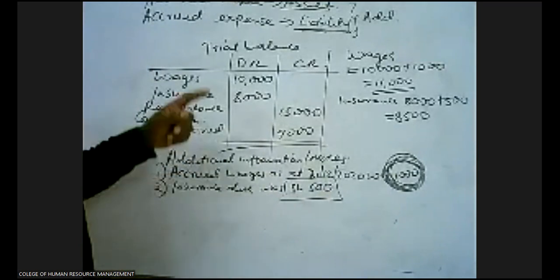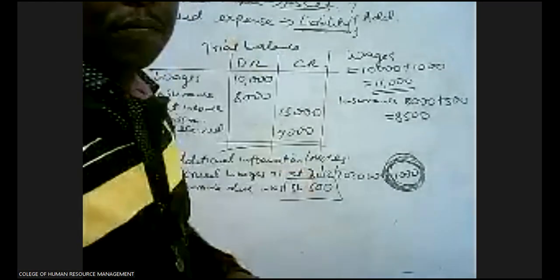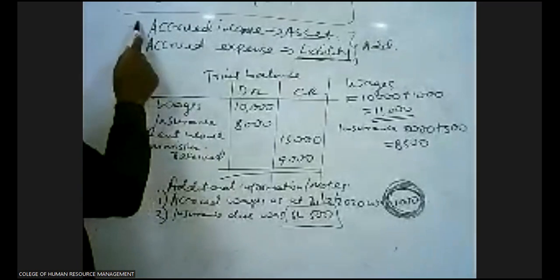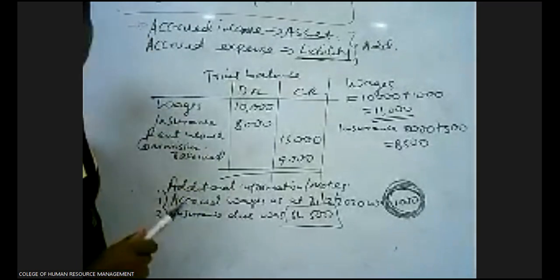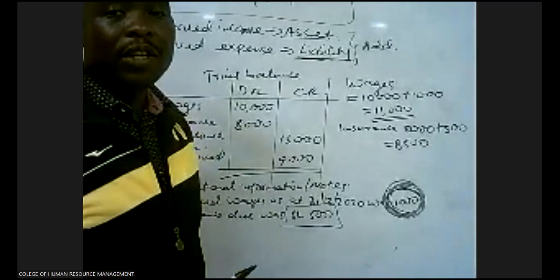So that is what we call the accrued expenses. So another scenario now, it is where we have what we call the accrued income. This is income that is not yet received by the end of the financial year. A good example is the rent income.